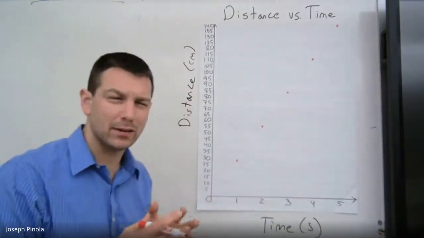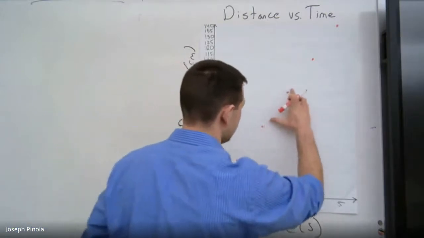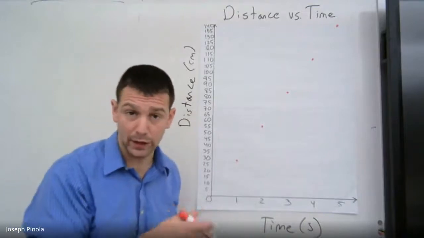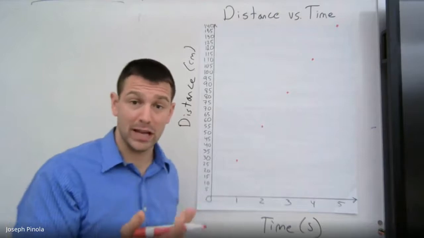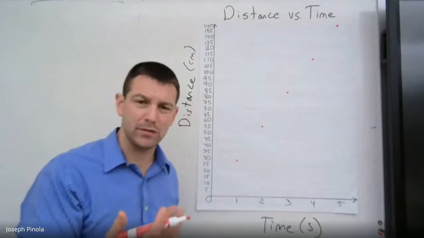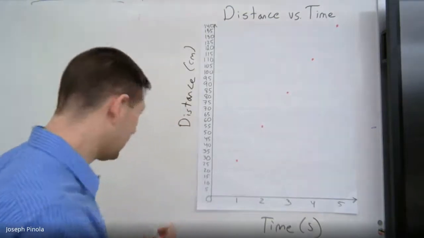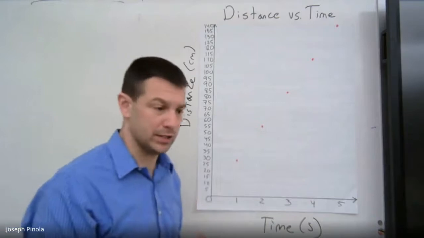We can very clearly tell that the red train is covering the same amount of distance every second. In fact, each second, the red train is moving 28 centimeters. That makes sense if you remember our last video, because we found the speed of the red train to be 28 centimeters per second. Let me now connect the dots to show the real motion that the red train is experiencing.